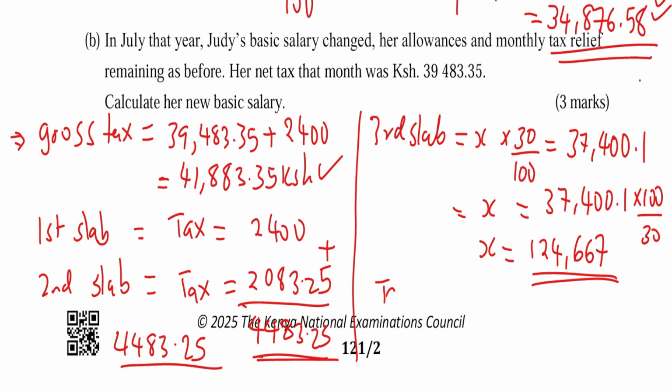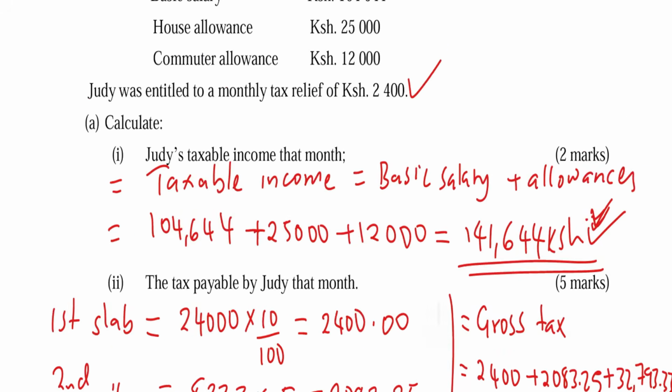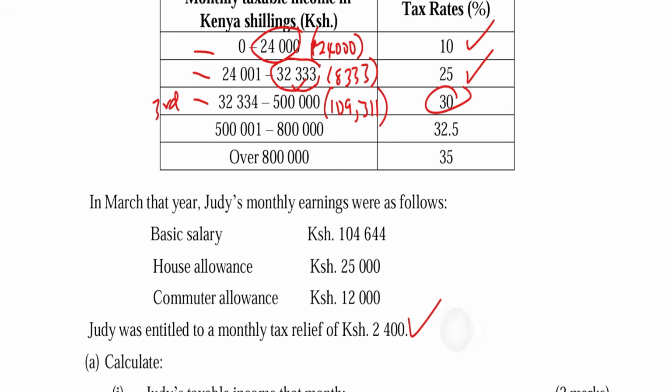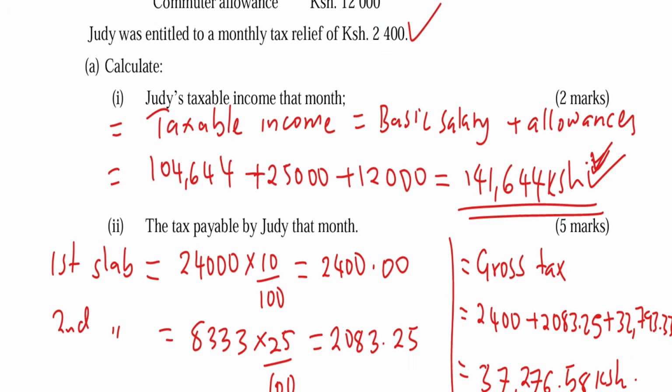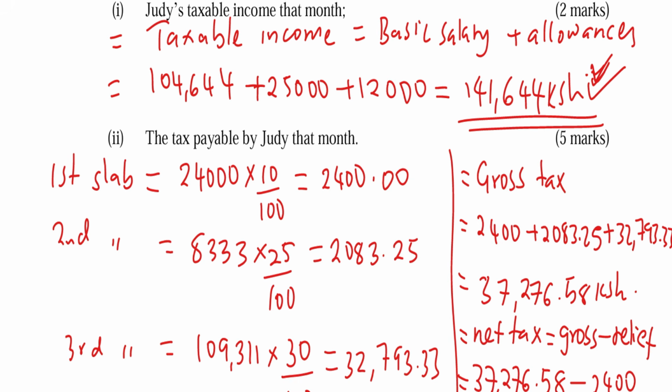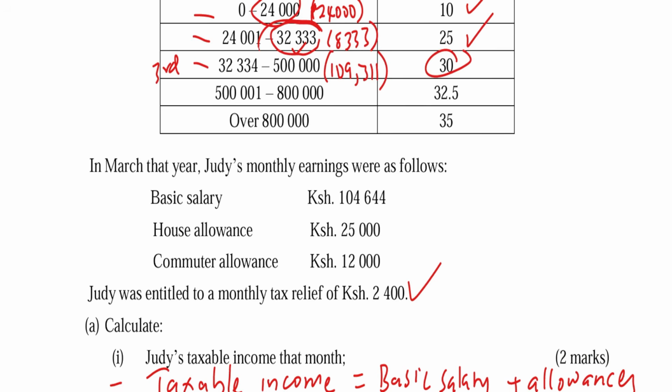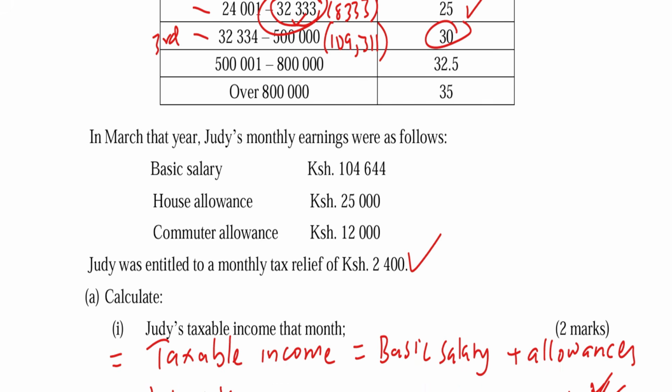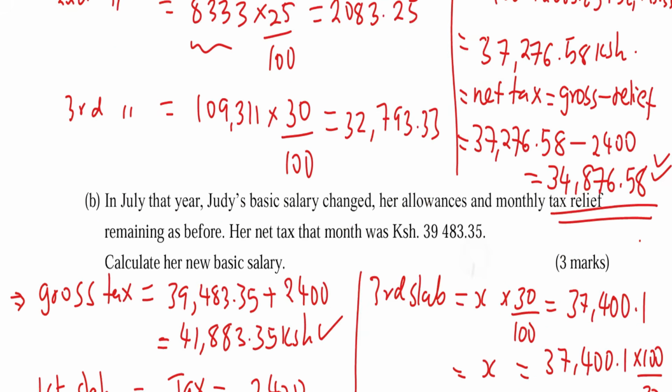What is your whole taxable income? Your whole taxable income will be given by 124,667 plus ile amount yote ambayo ziko katika first two slabs, ambayo most probably ukichukua 24,000 plus 8,300, bado ni ile 32,333, because in the first two slabs uko na amount ya 32,333.